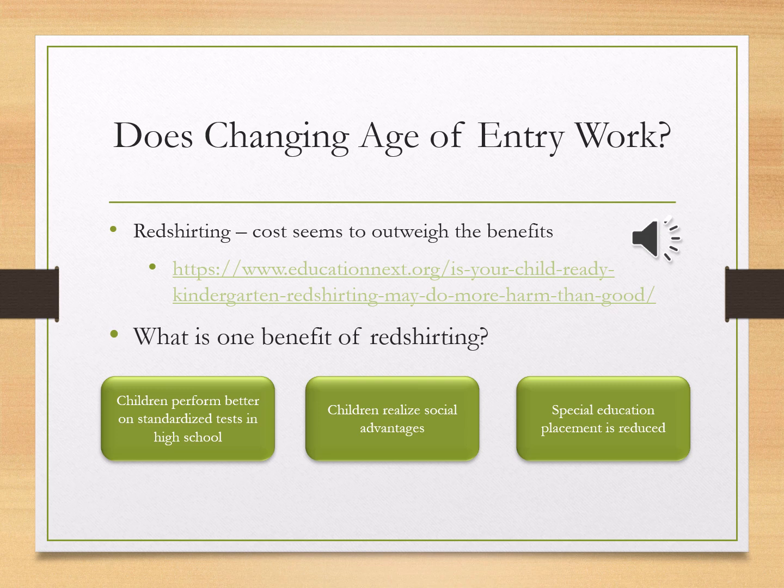The benefits that you get seem to fade out fairly quickly, and there seem to be some detractors. So most educators and scholars don't recommend redshirting, but take a look at the article and see for yourself.